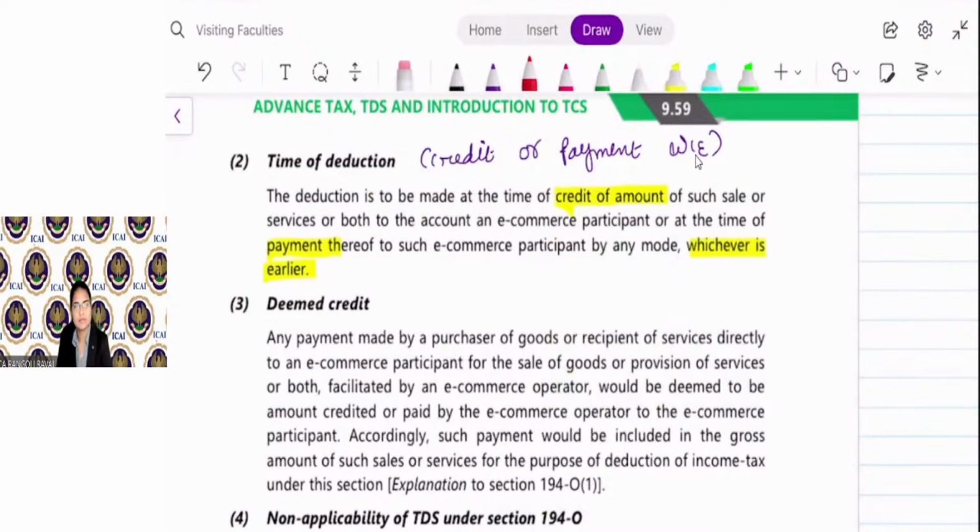Deemed credit. If suppose a purchaser of goods directly pays the amount to the e-commerce participant, then also it is deemed that the amount is credited by the e-commerce operator. And accordingly, on such amount also TDS is required to be deducted.